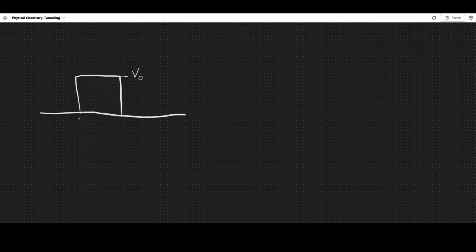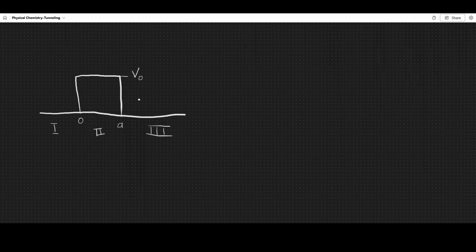Let's call this on the x-axis 0, and let's call the width of the box A. You can see that we've now separated this number line into three regions: region 1, region 2, and finally region 3.